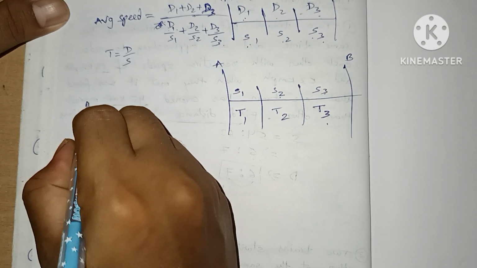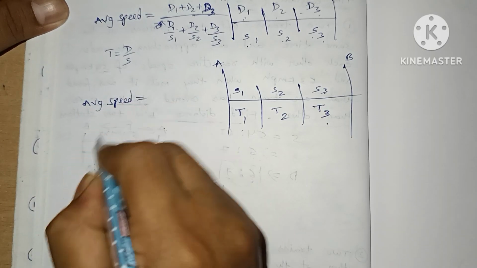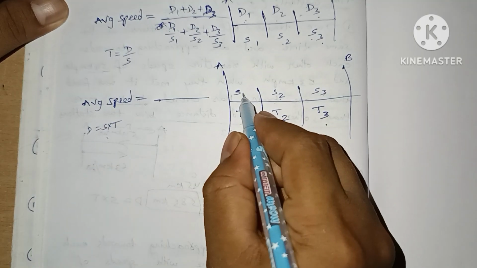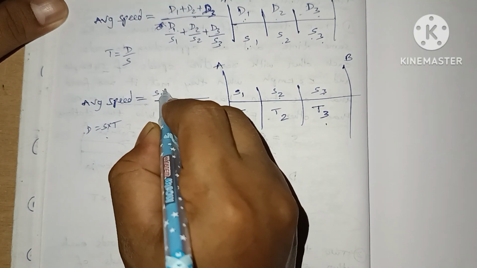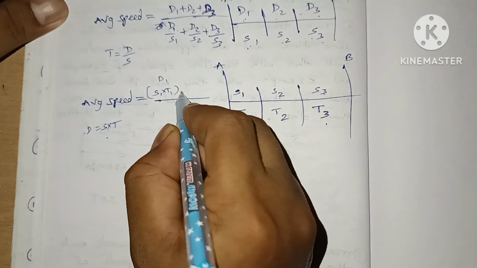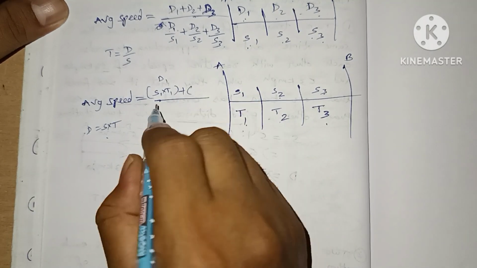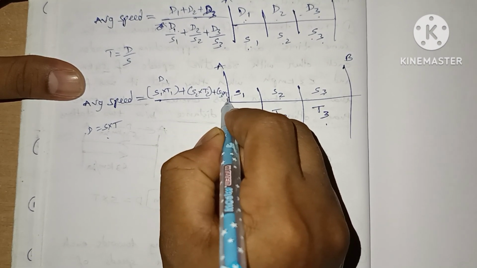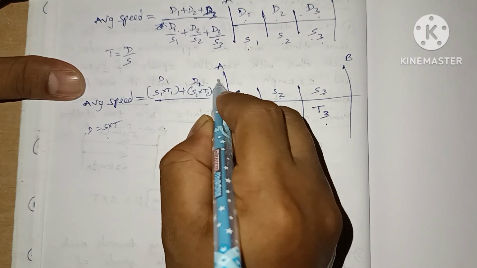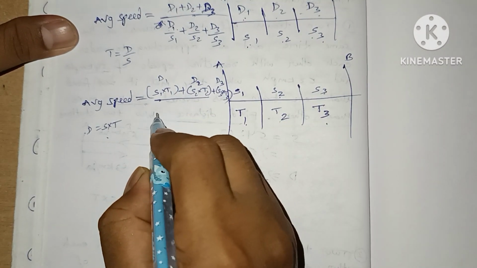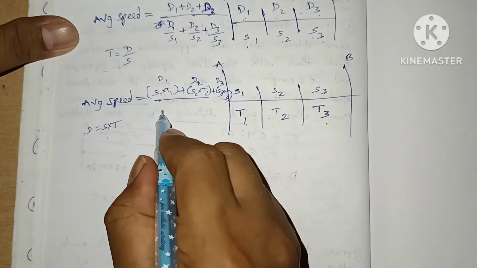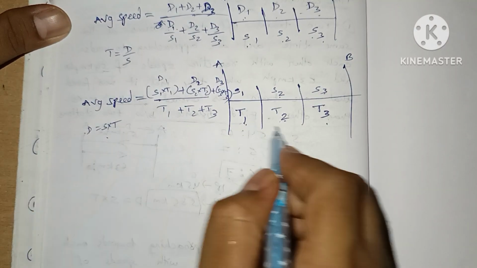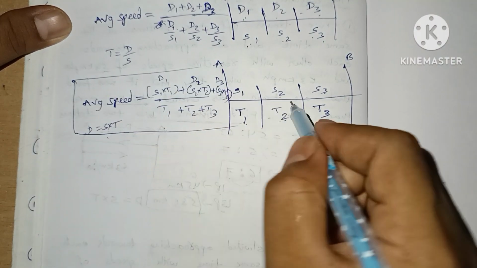For this type of question, the average speed is total distance. We know that distance equals speed into time, so first one must be S1 into T1, this is D1, plus S2 into T2 plus S3 into T3, which is nothing but D1 plus D2 plus D3. In the denominator we need to write the total time, which is T1, T2 and T3.